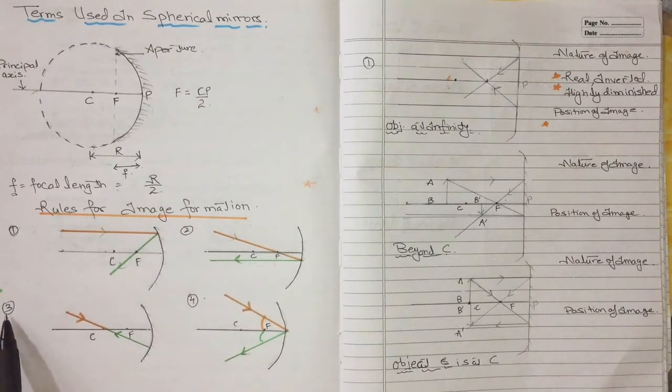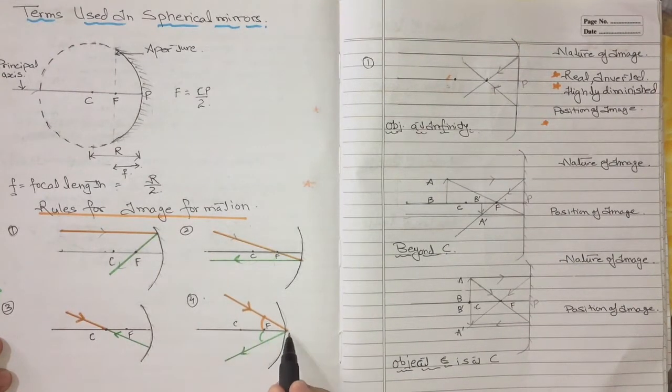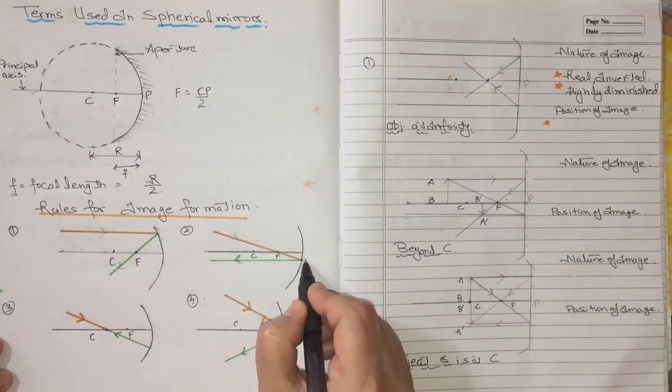Now coming to rule 3, if a ray is passing through the center of curvature, here is the center of curvature, after reflection it will continue in the same path, that means it will pass through the center of curvature. Here is the fourth rule, where if a ray is inclined to the pole, this is the pole.